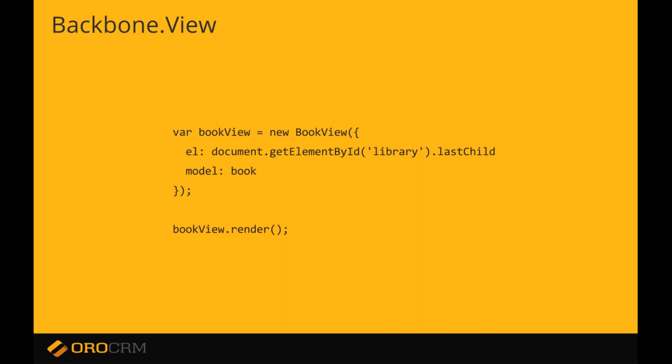So once we call the render method, the view will update its content in the DOM. We don't need to attach manually because we have passed the element to the constructor.